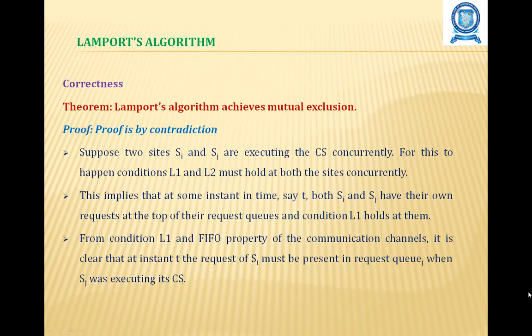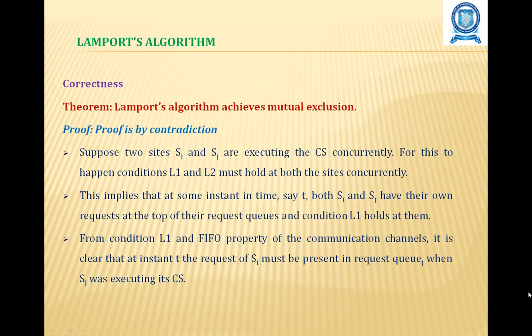Next, see the correctness of this algorithm. Lamport's algorithm achieves mutual exclusion, which is proved by contradiction. Consider two sites Si and Sj executing the critical section concurrently. For this to happen, the conditions L1 and L2 must hold at both sites concurrently. This implies that at some instant in time, say t, both sites have their own request at the top of their queues and condition L1 holds.